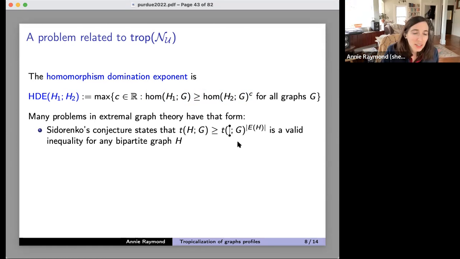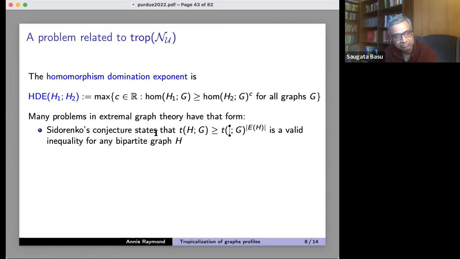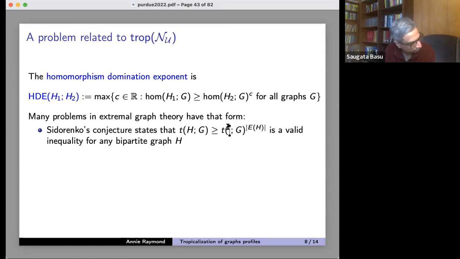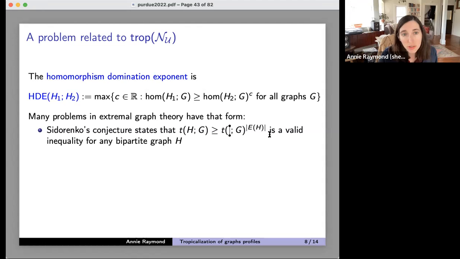Sidorenko's conjecture has been around for about 30 years now. It states that the homomorphism density of a bipartite graph H in G is greater or equal to the homomorphism density of an edge to the power of the number of edges in H. It's known to be true for many classes of graphs, but the whole conjecture still eludes everybody.